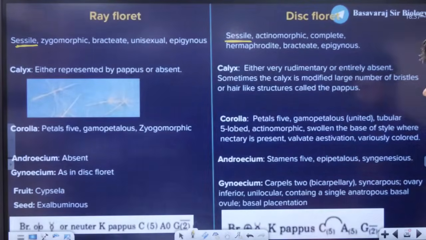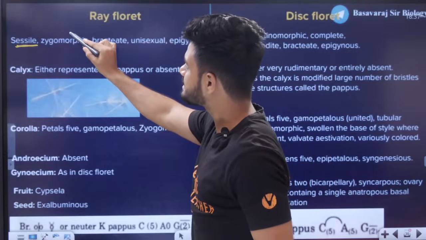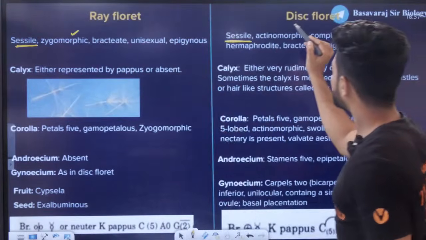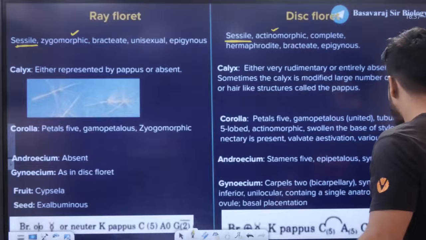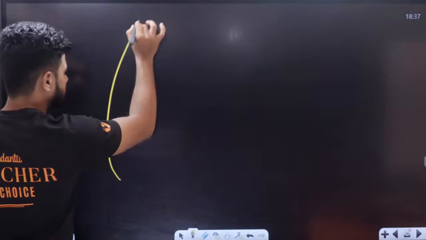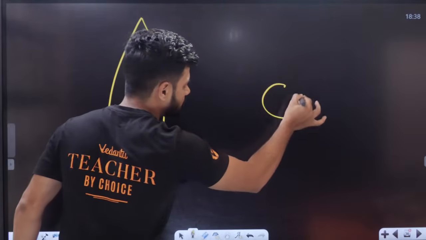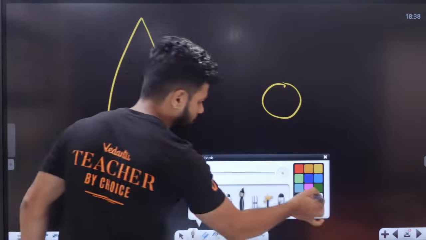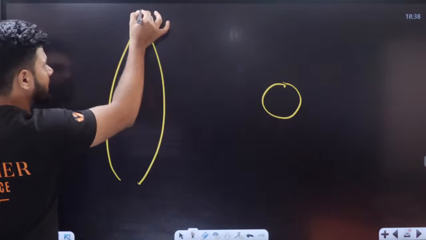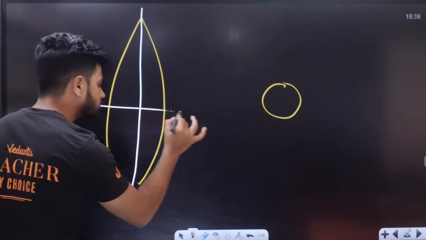Next, ray florets are zygomorphic while disc florets are actinomorphic. This right here is a ray floret, and this right here is a disc floret. Can I cut the ray floret in this plane?